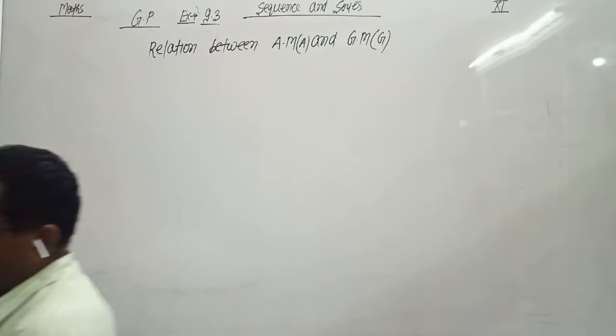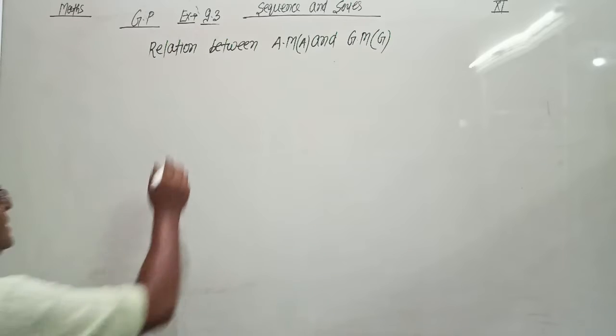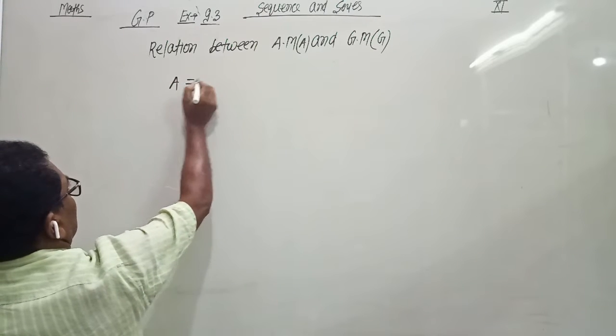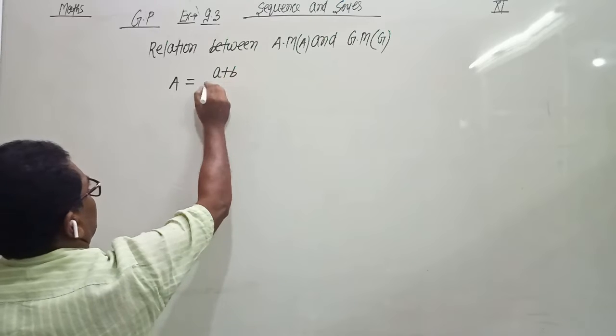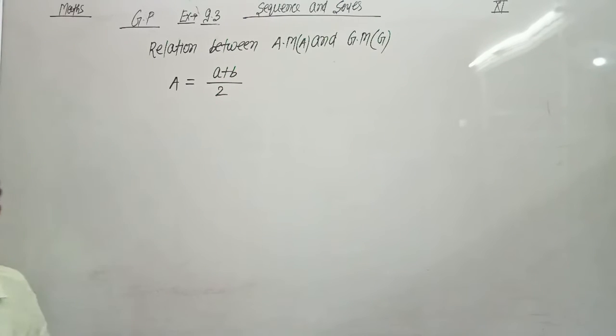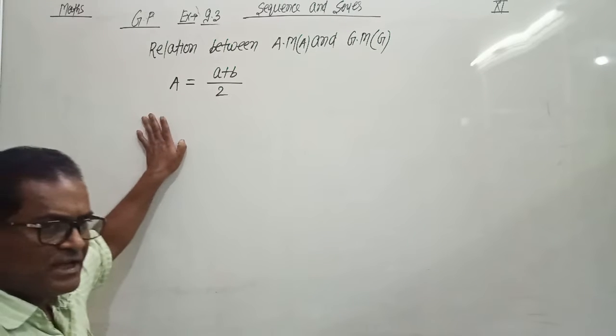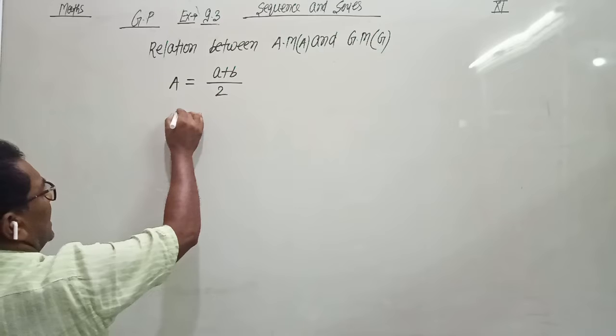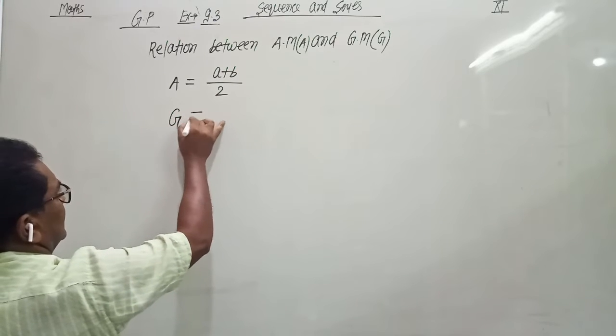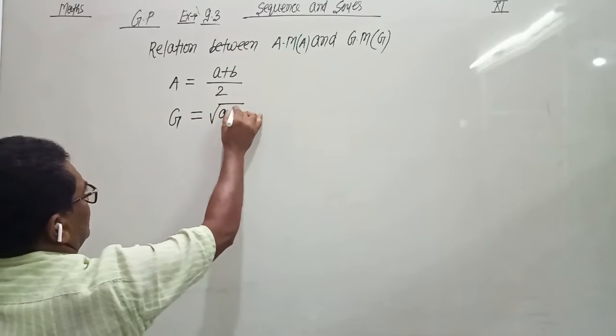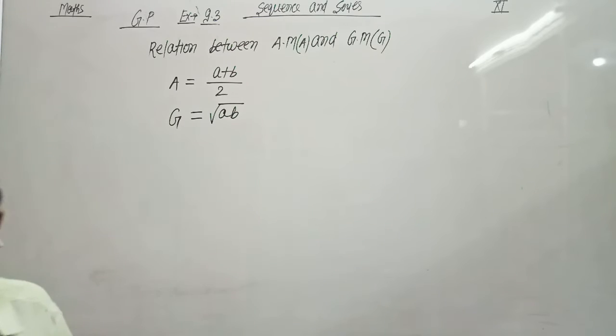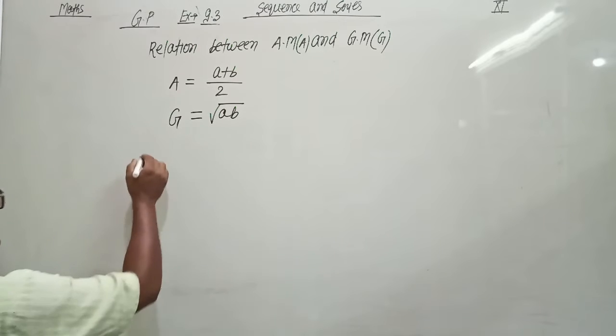Arithmetic mean is given by A equals A plus B by 2, and geometric mean is given by G equals under root of AB.